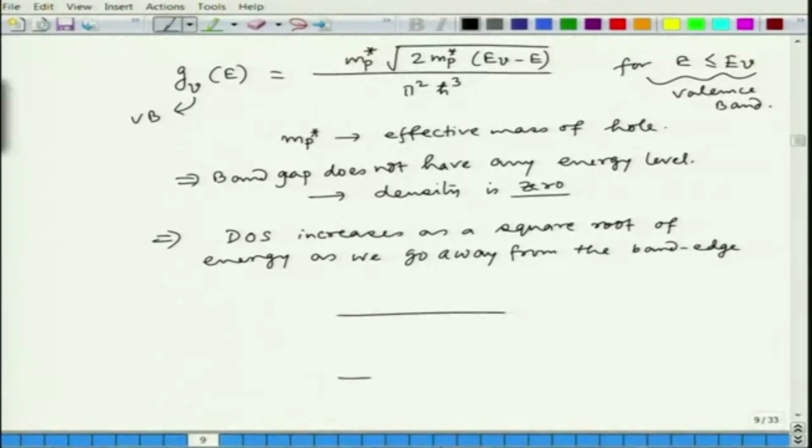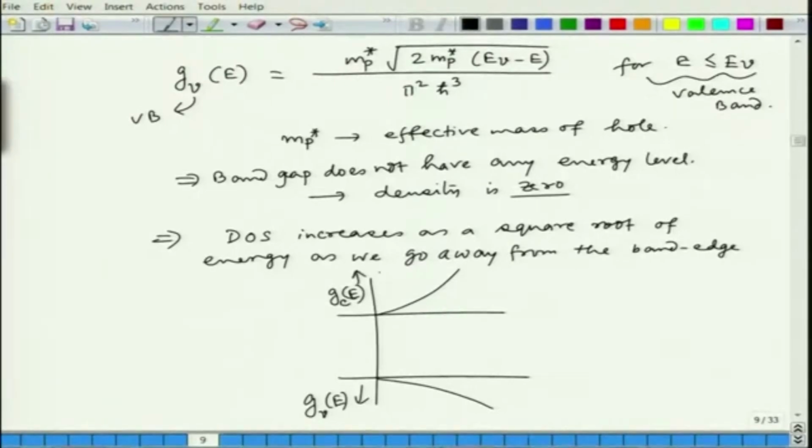So, if we say this is the conduction band and this is the valence band, and if you draw density from here, the density is increasing as you go away from the band edge, and here also density is increasing. This is the GVE, it is increasing, and this way the GCE is increasing, okay. And that relationship is varying with the square root of the difference in energy.